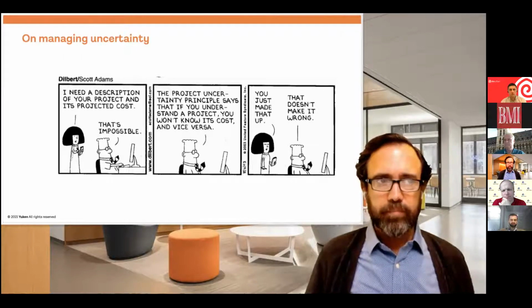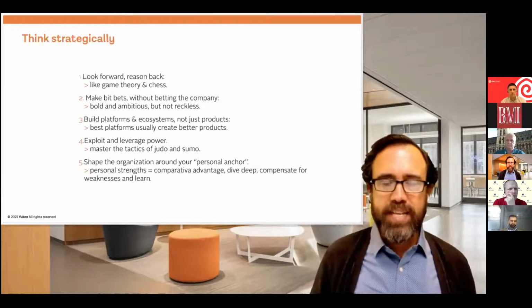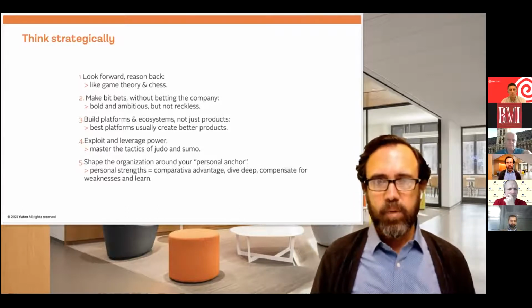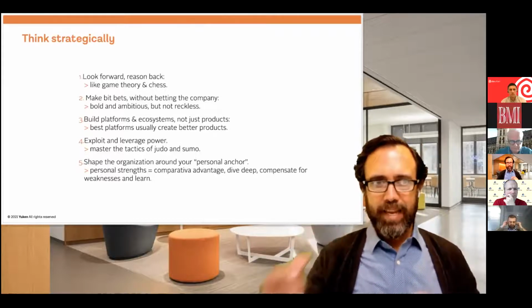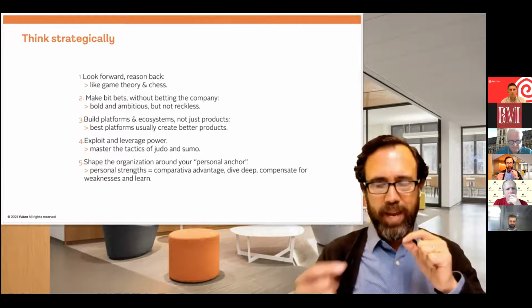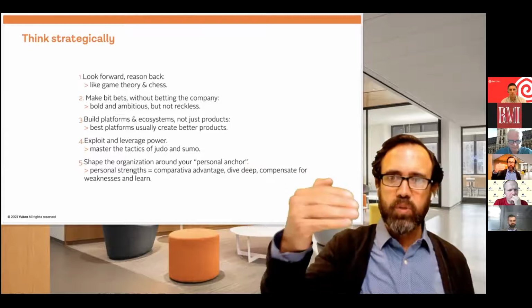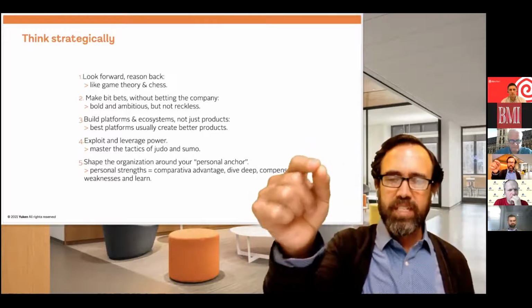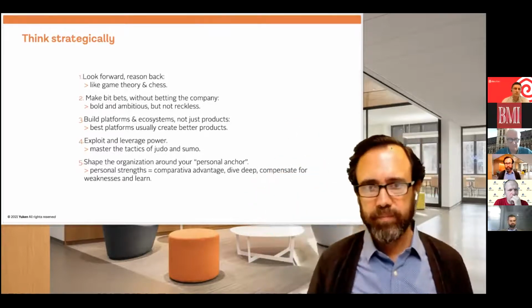And this is relevant to the ways in which we can think strategically. We need to be able to look forward, but reason back. If we want to achieve this, how should we do this? But in terms of the challenge we have, not in terms of the idea we have.